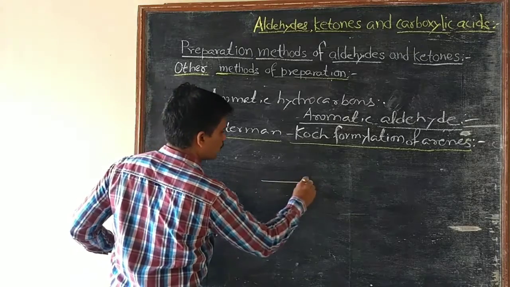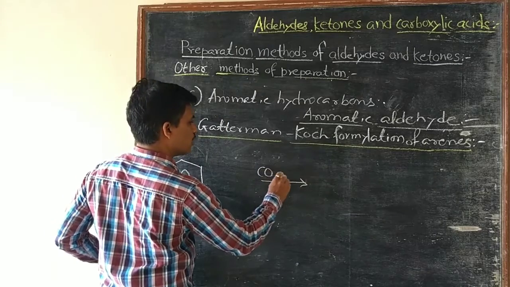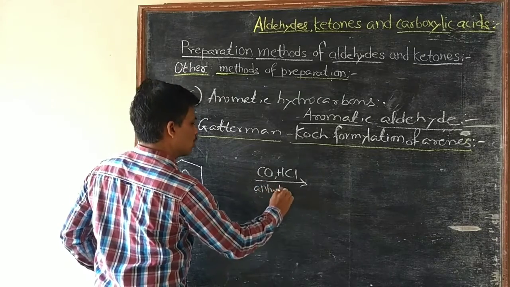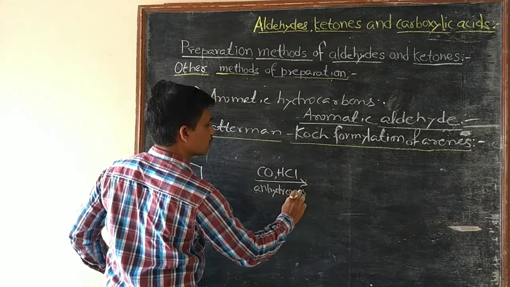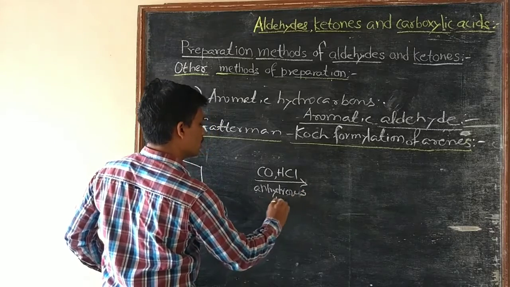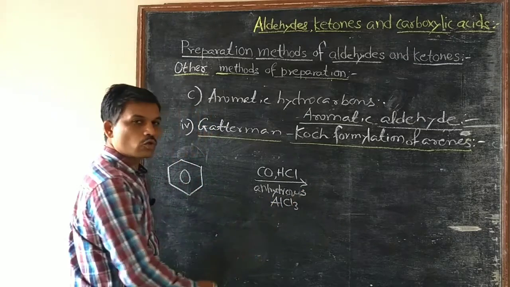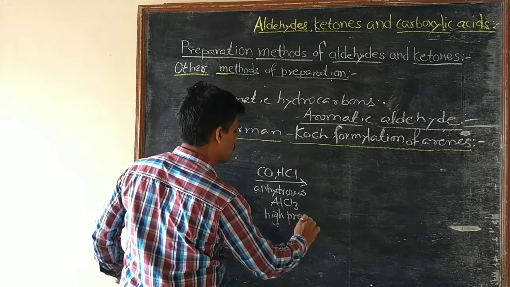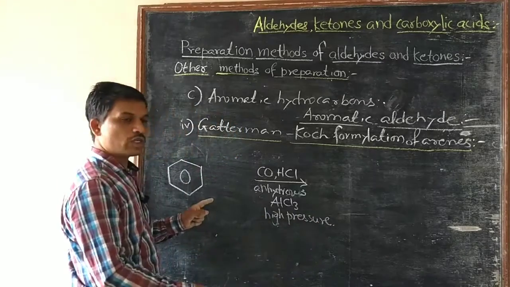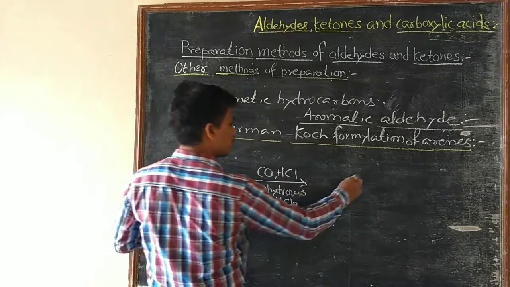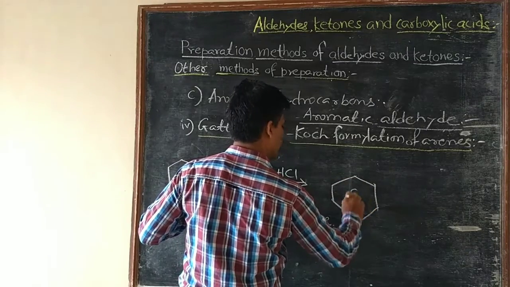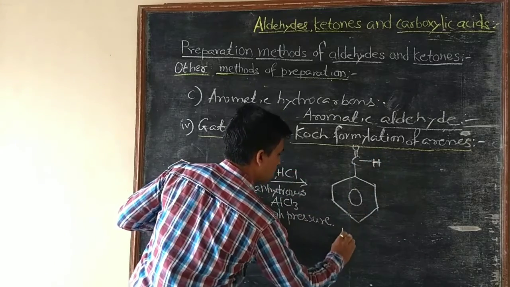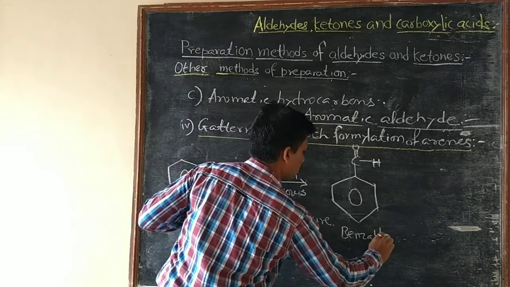Benzene reacts with carbon monoxide and hydrogen chloride in presence of anhydrous aluminum chloride or cuprous chloride under high pressure, and gives its aldehyde, that is benzaldehyde.